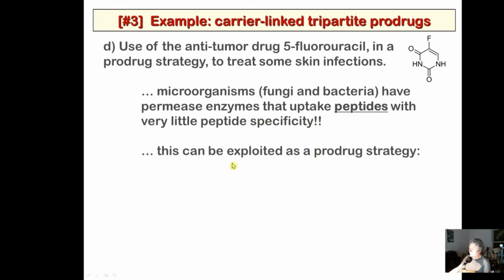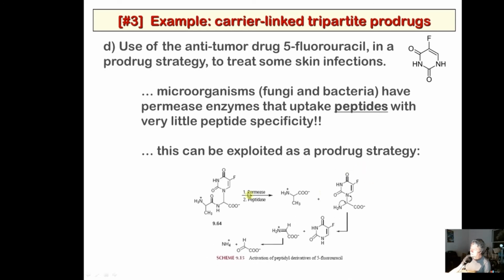And this can be used in a prodrug strategy. So basically what we're going to do is take 5-fluorouracil and attach it to a peptide type derivative. And then that gets fed into the bacteria or fungus.